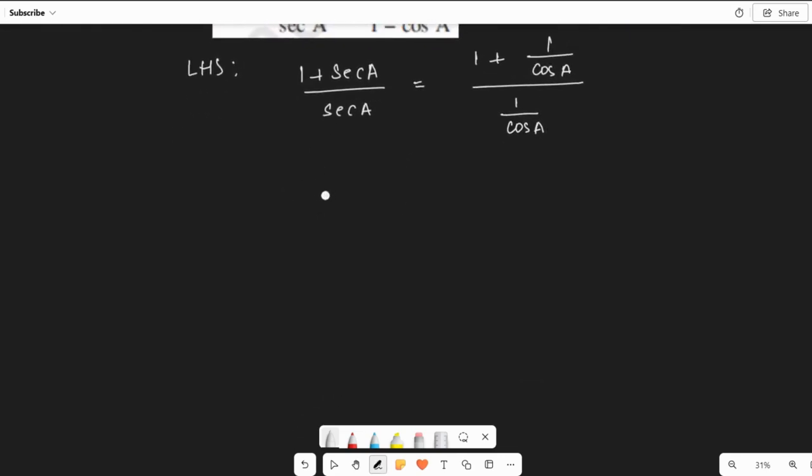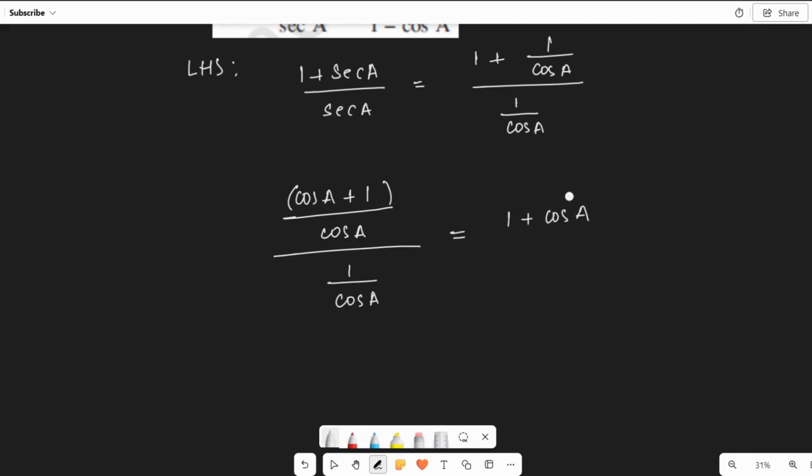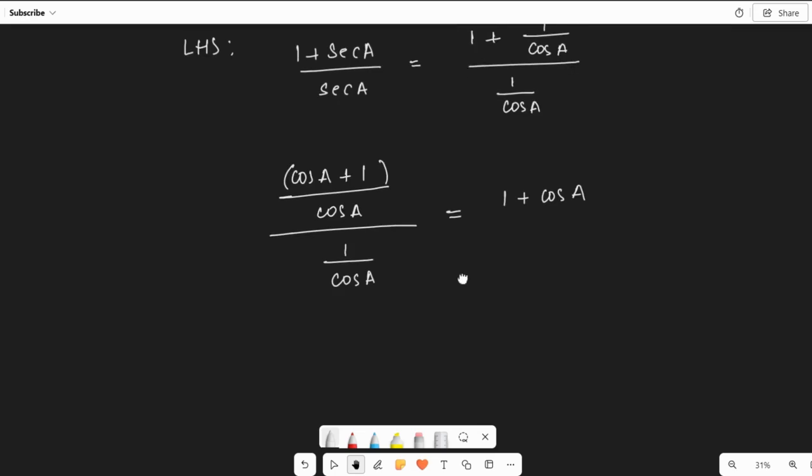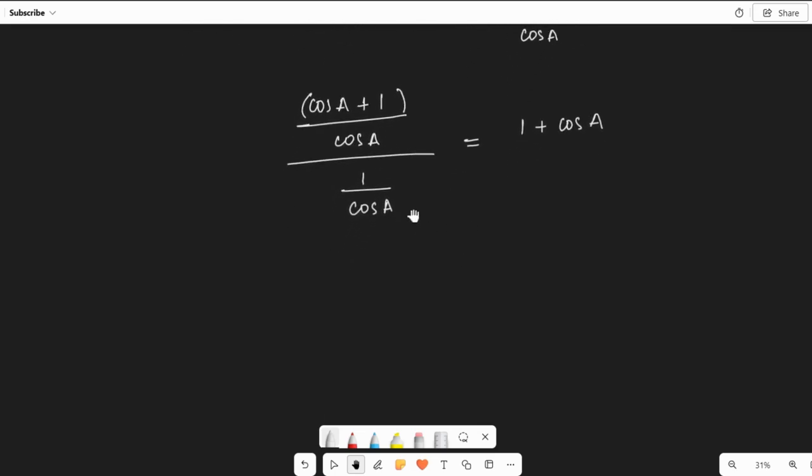Now this can be further written as ((cos A + 1)/cos A)/(1/cos A). That becomes 1 + cos A, as cos A gets cancelled here.